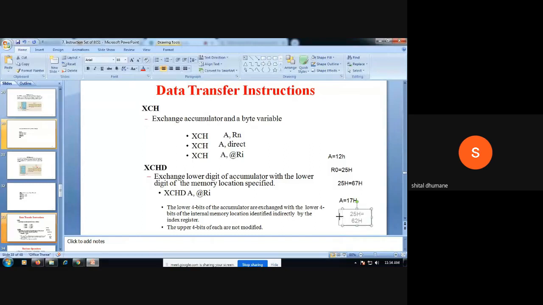So after the execution, your accumulator will be 17 and the contents of the memory location will be 62.